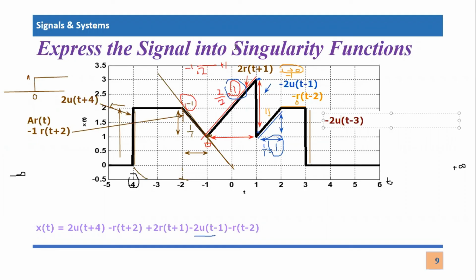So this part will indicate this specific decrease in amplitude, and we are going to add this in our main equation: minus 2u of t minus 3, right? Because it is a decrease in amplitude of 2 units, at the specific point t equals 3. So it's a step signal which will start at around t equals 3.